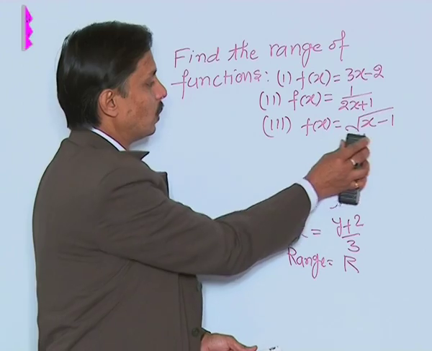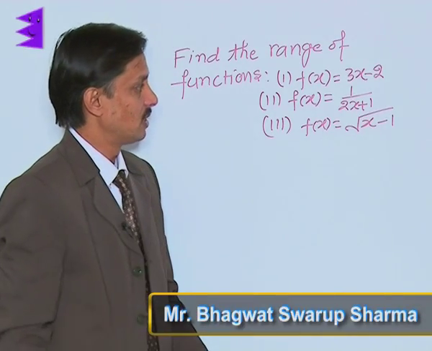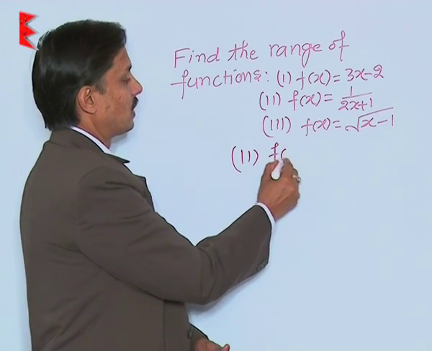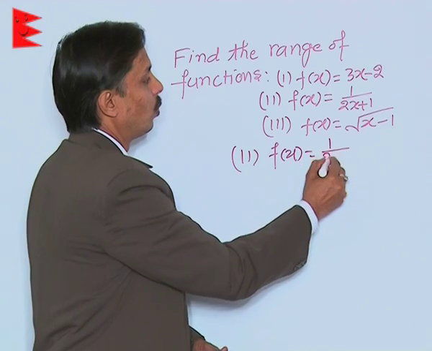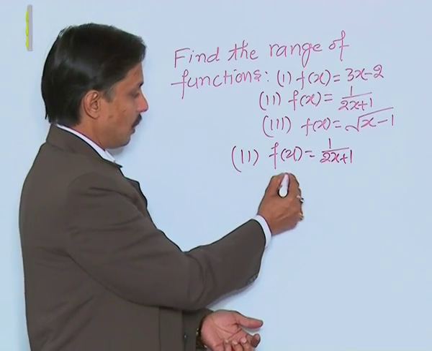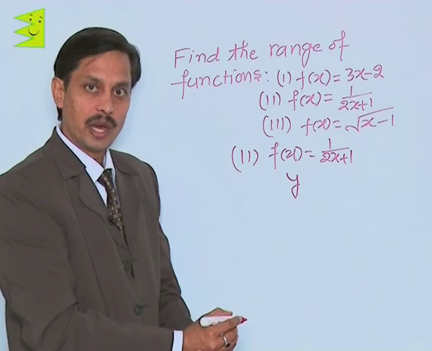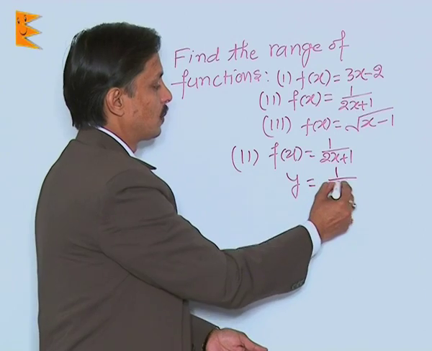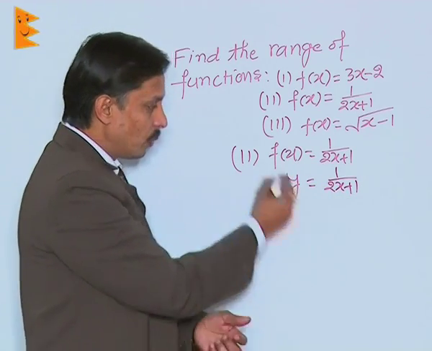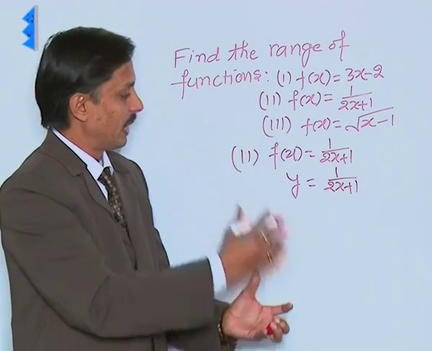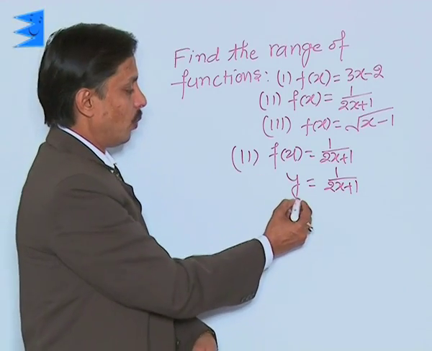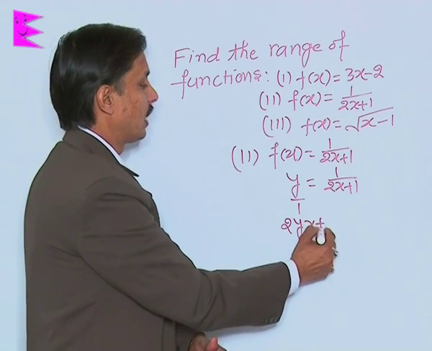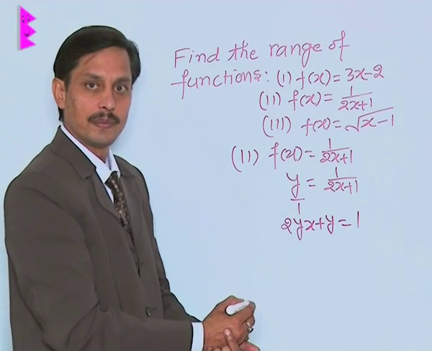Now I will discuss the second part, that is f(x) equals 1 upon 2x plus 1. The function is given as 1 upon 2x plus 1. Simply we write f(x) as y, so y equals 1 upon 2x plus 1. If we cross multiply to express x in terms of y, after cross multiplication we get 2yx plus y is equal to 1.